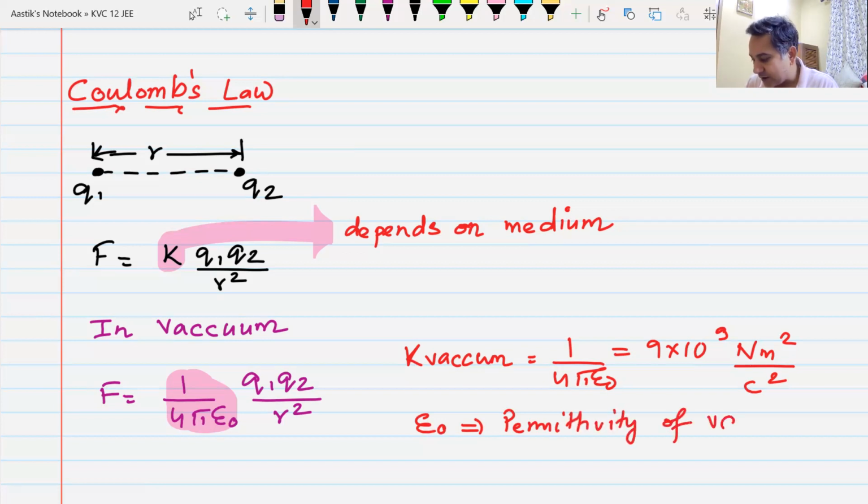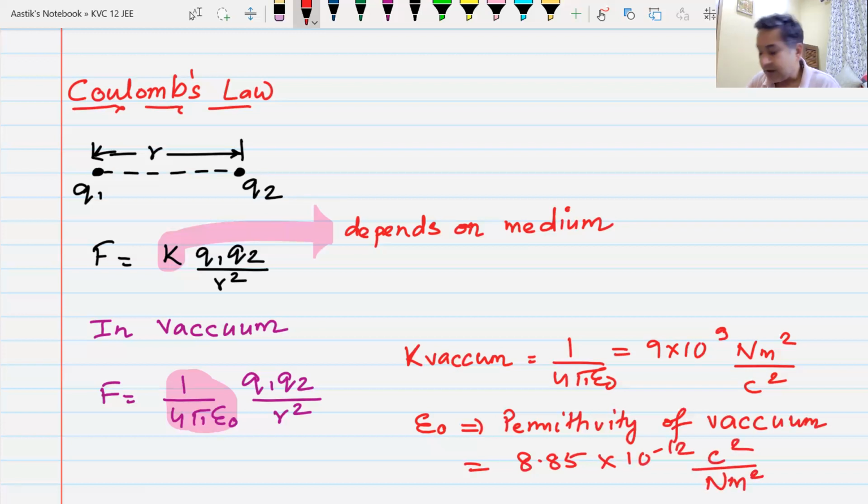Free space means vacuum. And the value of this, no one is going to ask you that value, so you don't have to worry about it. But if someone asks you, you can write it as 8.85 into 10 raised to the power minus 12 Coulomb square per Newton meter square. Absolute permittivity of free space or vacuum.